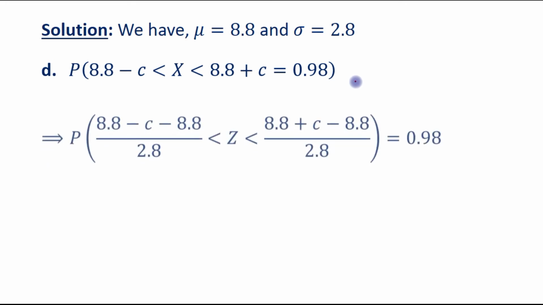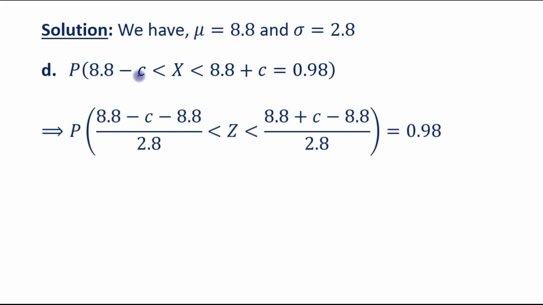In the next step, we can write it as probability that (8.8 minus c minus mu) upon sigma, where mu is 8.8 and sigma is 2.8, less than (X minus mu) upon sigma, which can be written as Z, less than (8.8 plus c minus mu) upon sigma, equals 0.98.